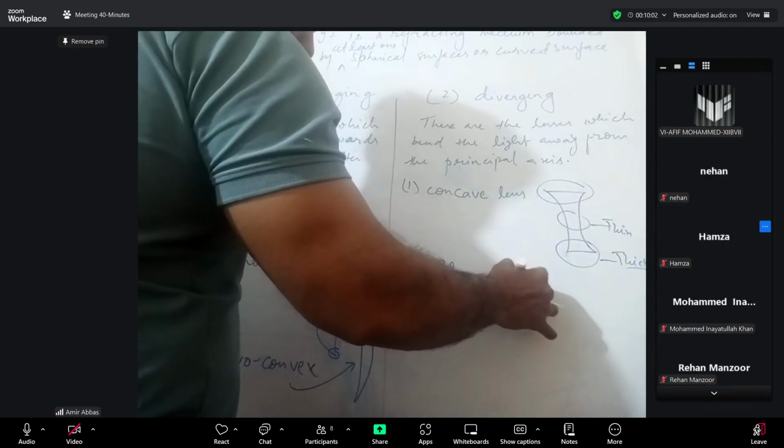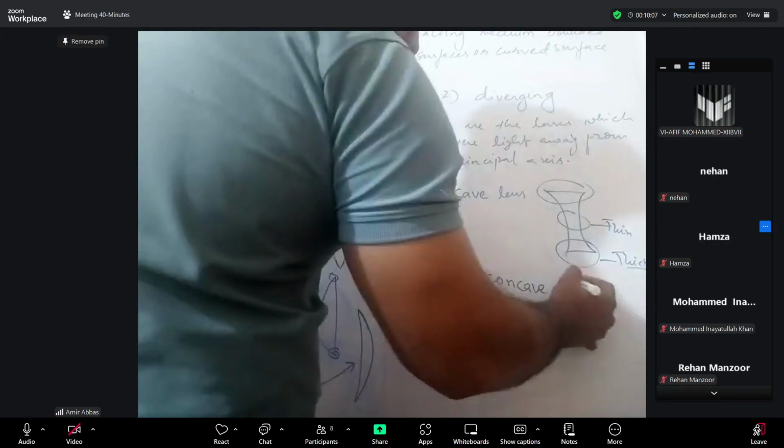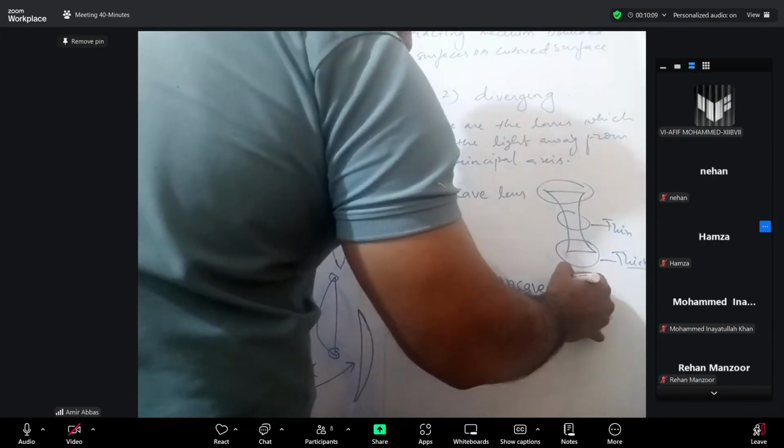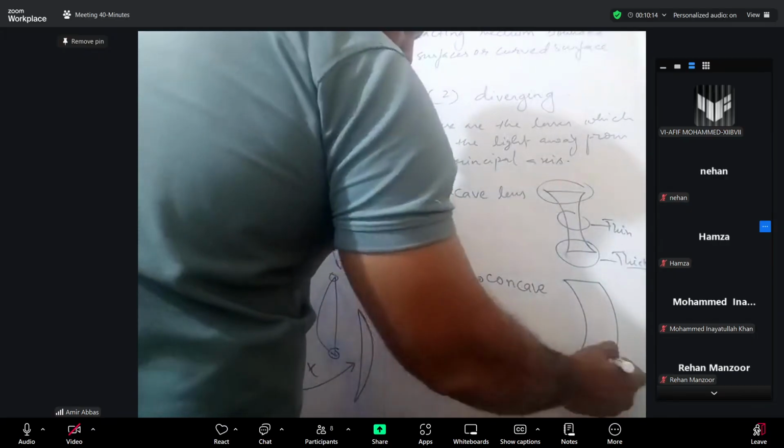Second one is plano-concave. What would it be like? It is somewhat like this. It has one side flat and the other side somewhat like this.